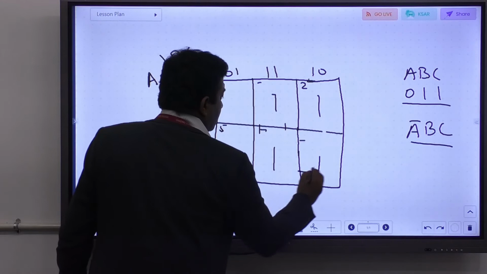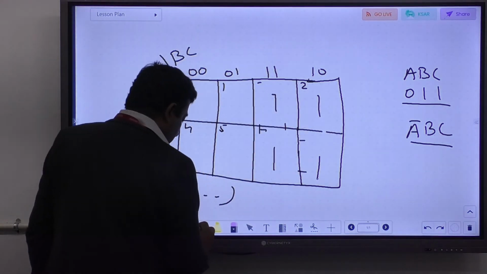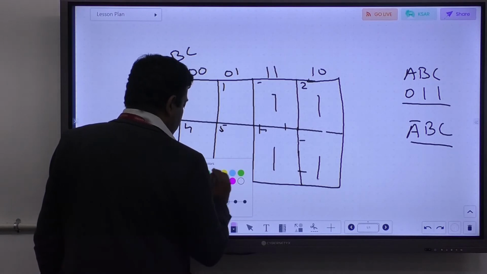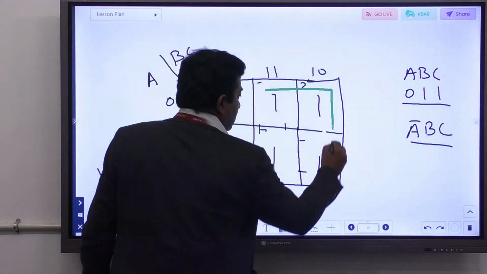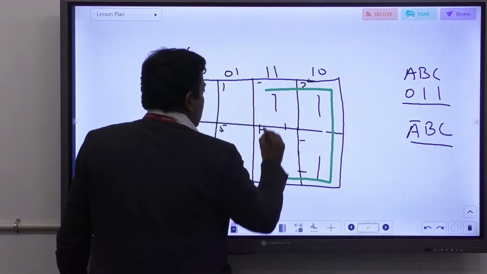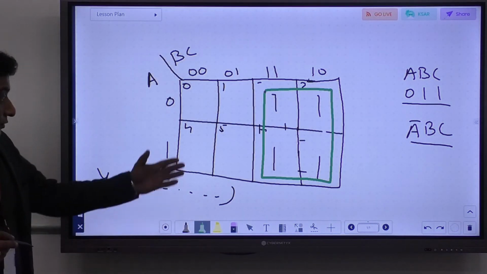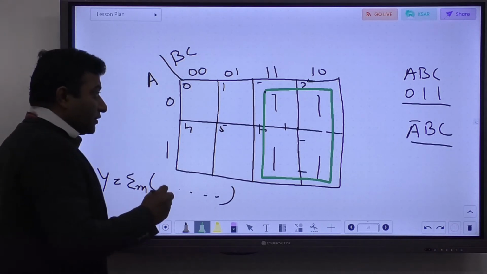If there are four minterms lying this way, what we can get is a complete quad. A complete quad. Okay. How to solve this quad? It is again in the same way.